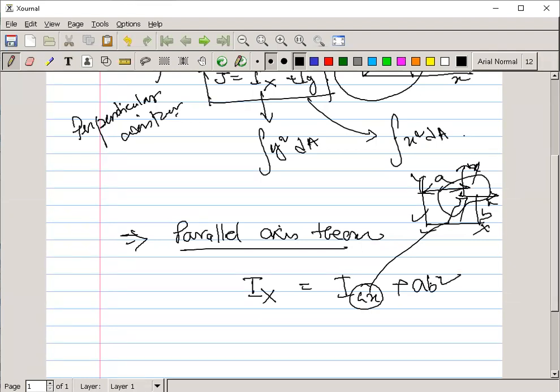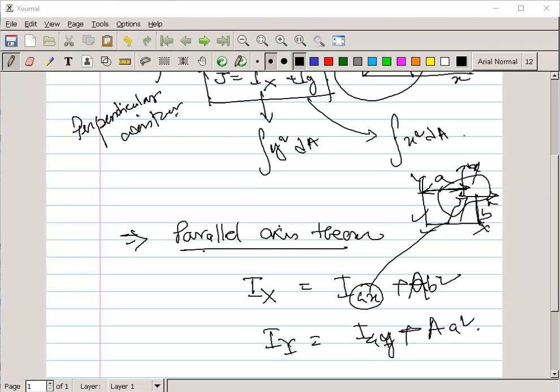Similarly, I of y is I of gy plus, sorry, one thing I wrongly wrote, this should be the area into this distance squared. This is what we taught in the previous class, right? Remember this up to this?